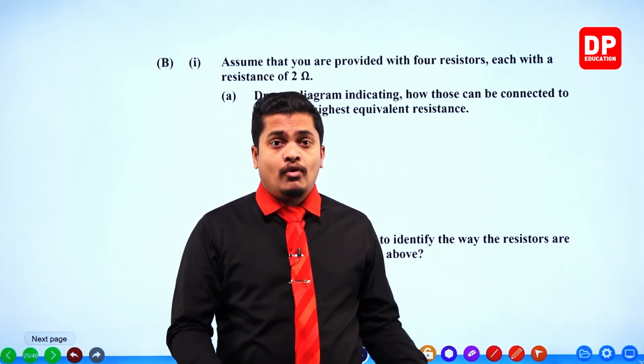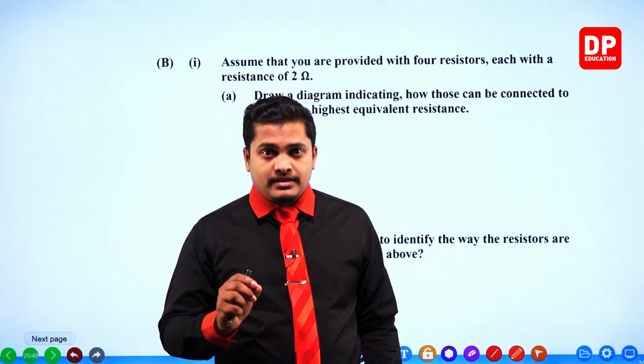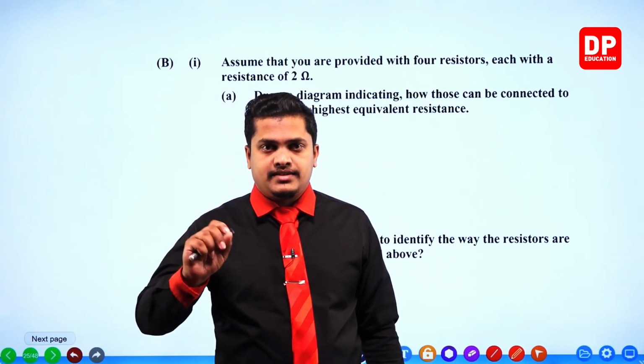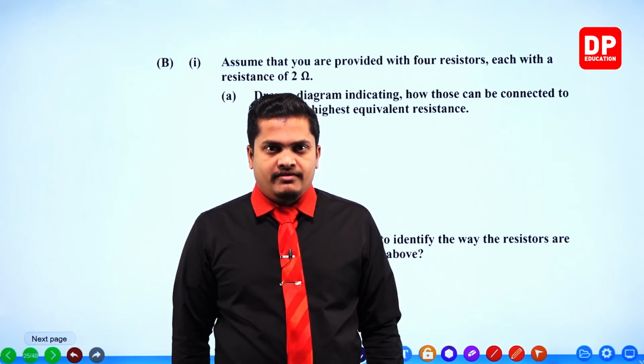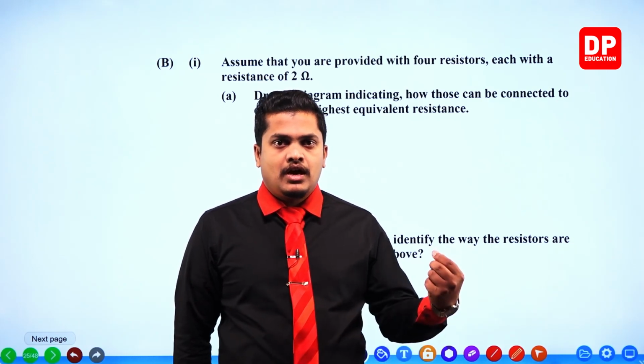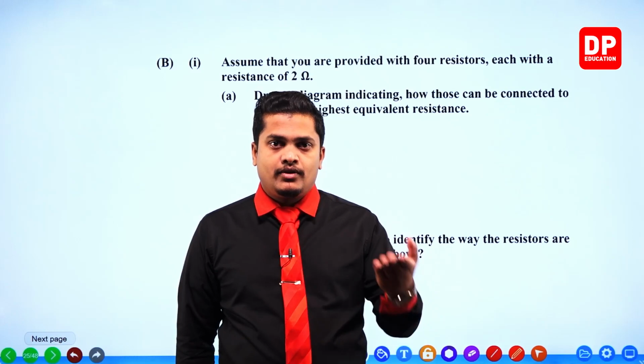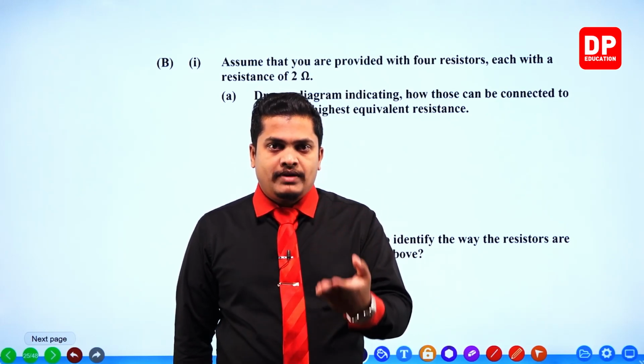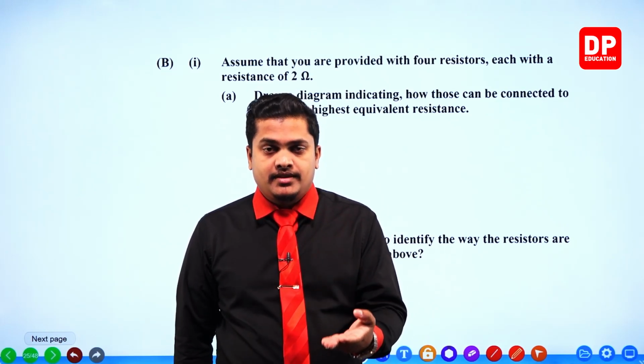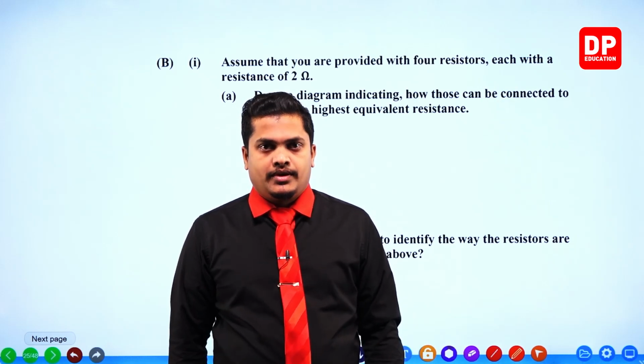So if you connect 4 in the series manner, then the sum of all 4 resistors is the equivalent resistance. We have a certain formula for this one. R, which means the equivalent resistance, is equal to resistance first value plus resistance second value plus resistance third value, and so on. Okay.